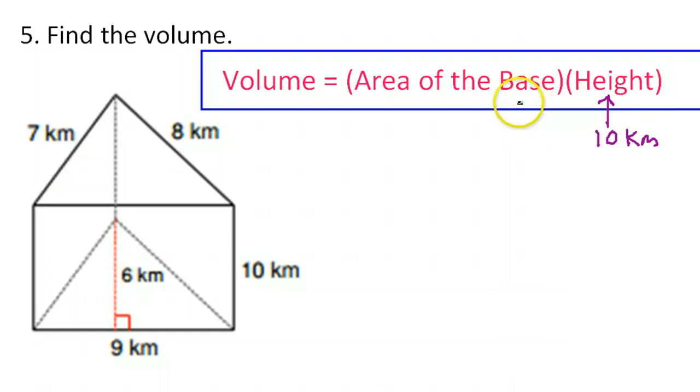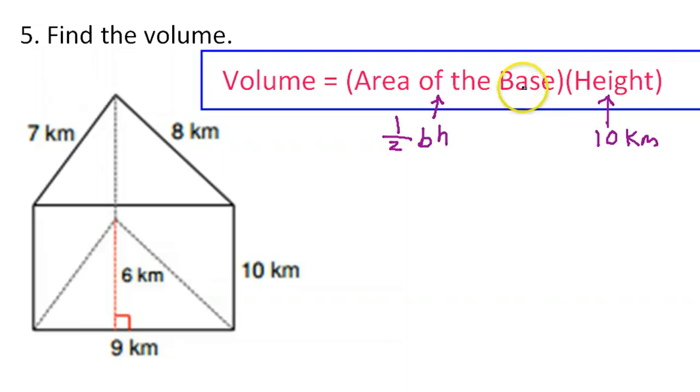So the area of the base, what's up with that? Well, the formula for the area of a triangle is 1/2 the base times the height. So if you just focus on this triangle, that's the base, you can see the 6 kilometers, that's the height.